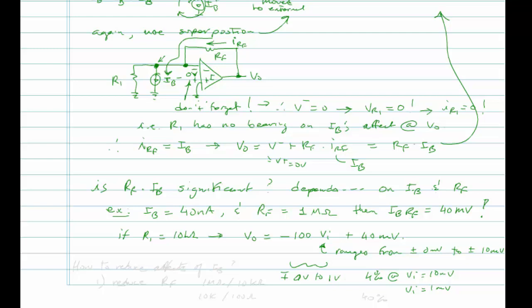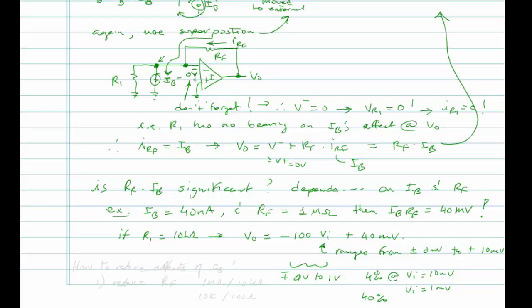And now we're talking 40 out of that. We're now talking 40%, right? So even a 40 nanoamp bias current could have a significant effect. Now, if instead of a full-scale output voltage of 1 volt, let's say it was actually 10 volts, all of these percentages would drop by a factor of 10. So maybe it's okay. It depends on what your circuit is trying to do.